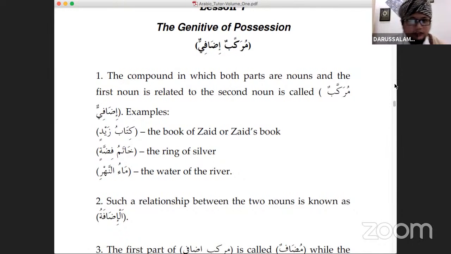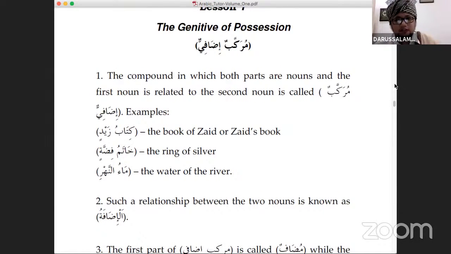They must be the same in four things: i'rab, ma'rifah or nakirah, gender, and number. Remember?